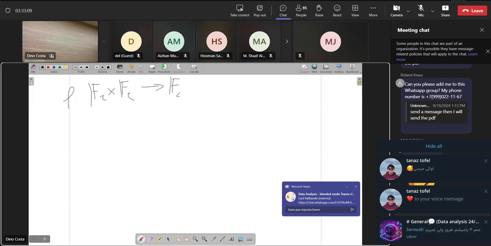So the cardinality of the set of functions, we can call this F. All the functions F such that F goes from F2 times F2 to F2. How many are there? There are exactly 16.